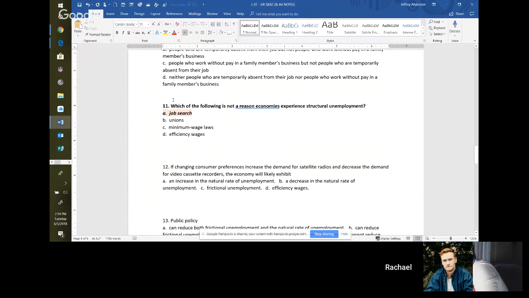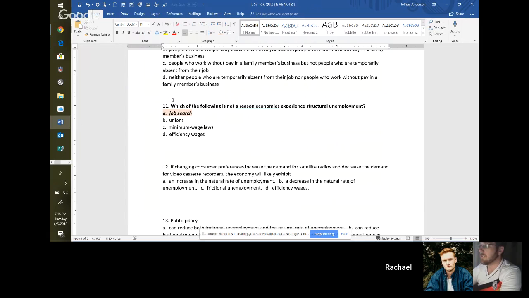Which is a reason economies experience structural unemployment? So we know structural unemployment is people taking their time so that they can find the right job for them. So unions definitely would be a reason that they would experience structural unemployment. Job search would then, because job search is the process of matching workers to their appropriate jobs.